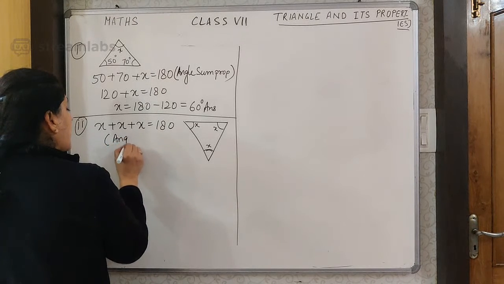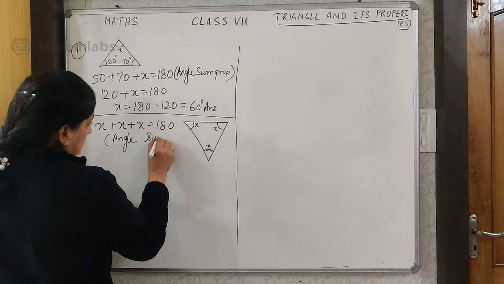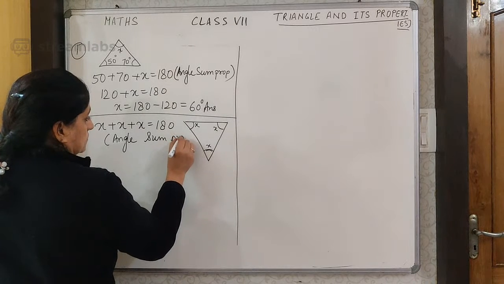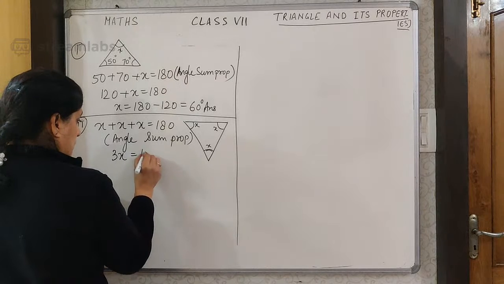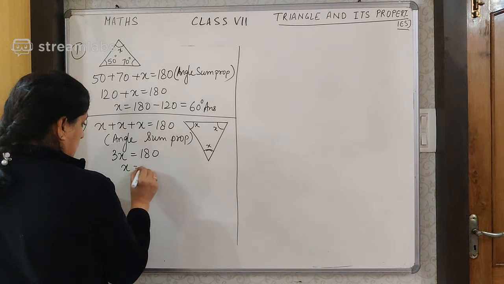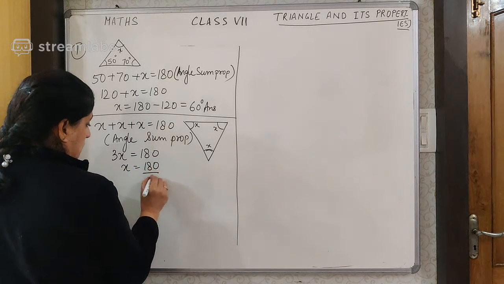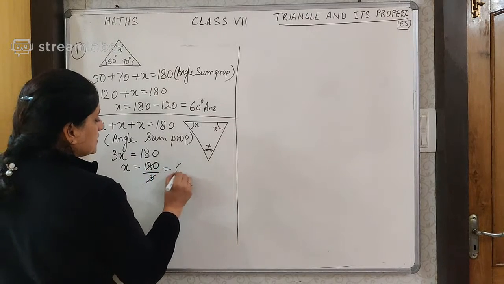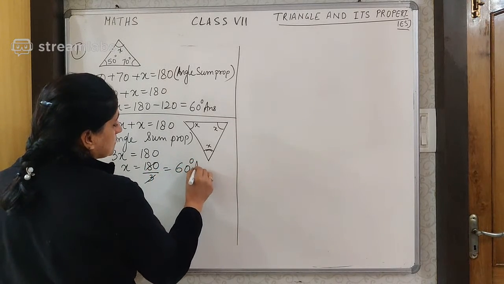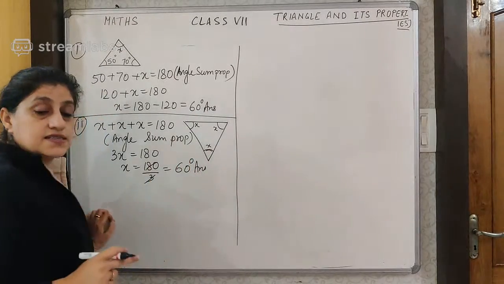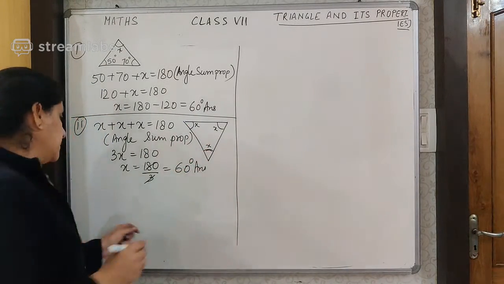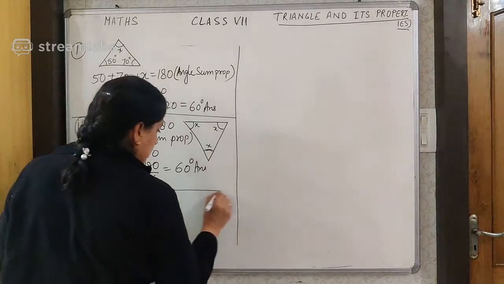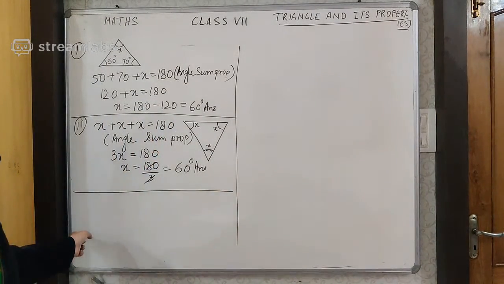Because of angle sum property. Yes, here also I got the answer 60. All three angles are equal, means each angle will be equal to 60 degree. Okay children?